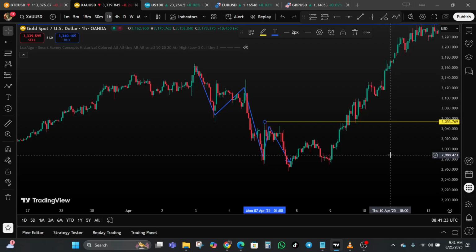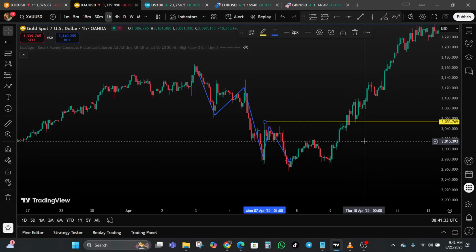It often signals a move toward liquidity or a change in direction. So recognizing these shifts allows us to align with the broader narrative of the market instead of chasing short-term moves.